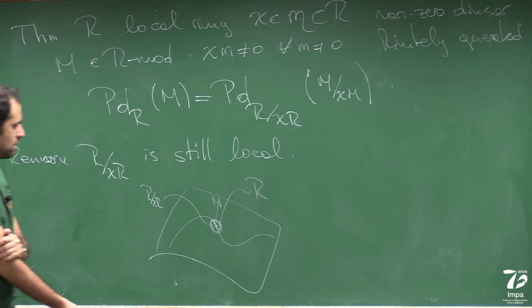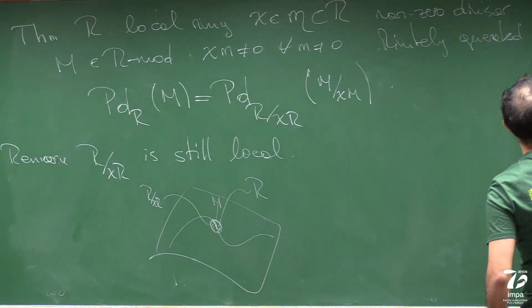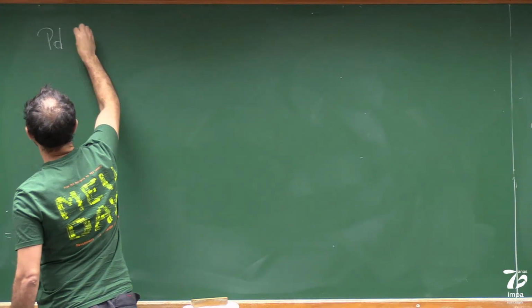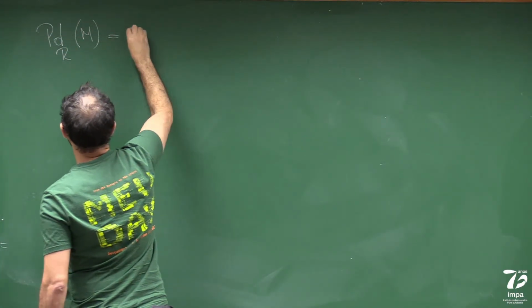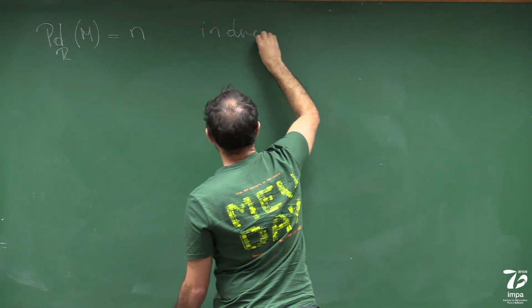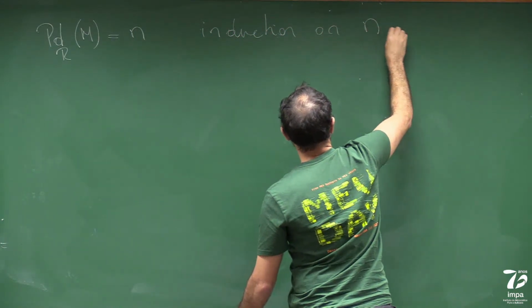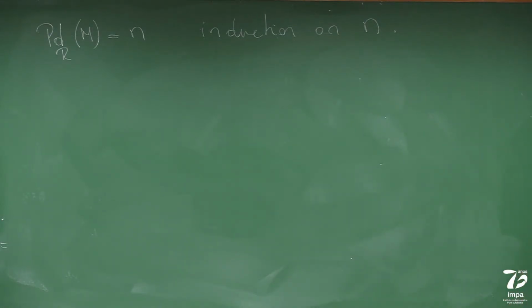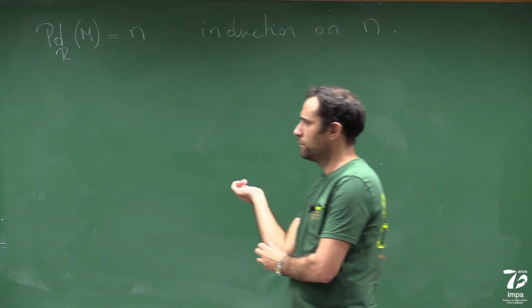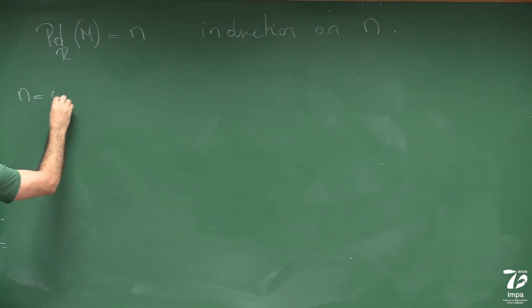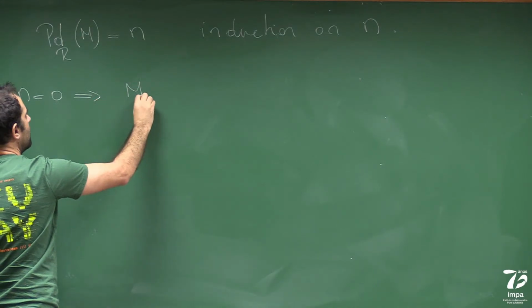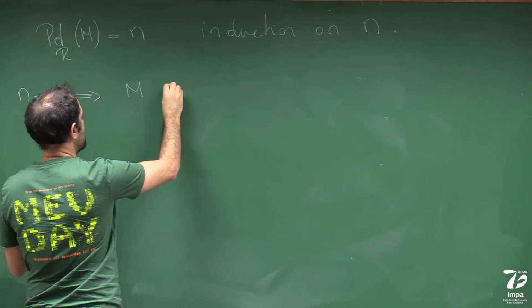So let's assume that the projective dimension of M over R is n, and do induction on it. If n is equal to 0, this implies that M is projective.